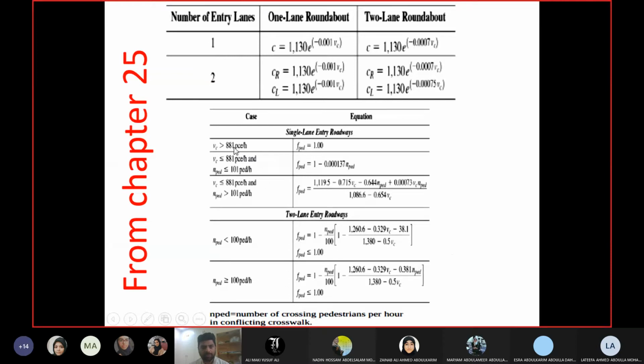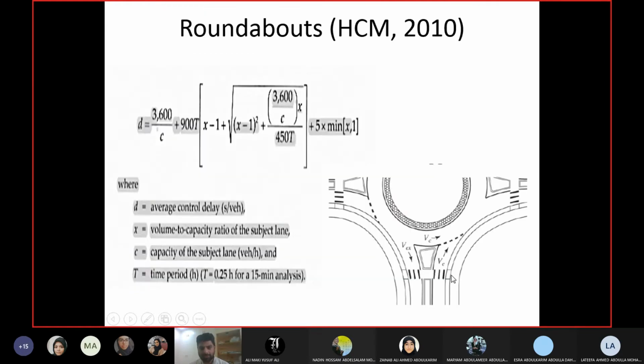If the flow is less than or equal to 881 for a single lane, then you will see how many pedestrians are crossing in 1 hour from your side. If the delay is calculated for this side, the number of pedestrians should also be determined for this side. So how many pedestrians are passing from this side in 1 hour? Pedestrians per hour.